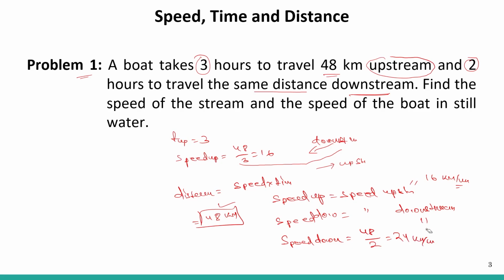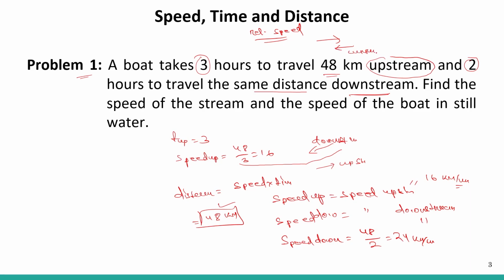So we have now found the speed of the boat downstream. To find the speed of the stream and the speed of the boat in still water, we have to use the concept of relative speed. When the boat is traveling upstream, the current is in the opposite direction.